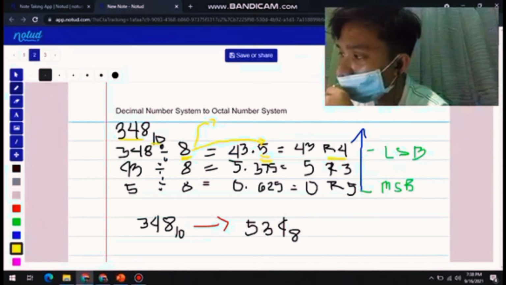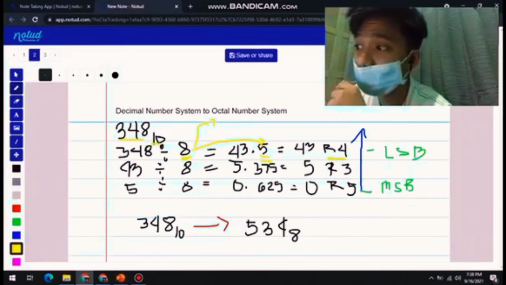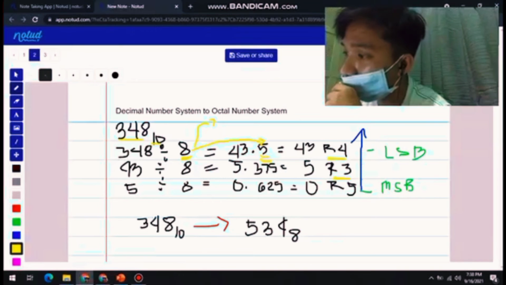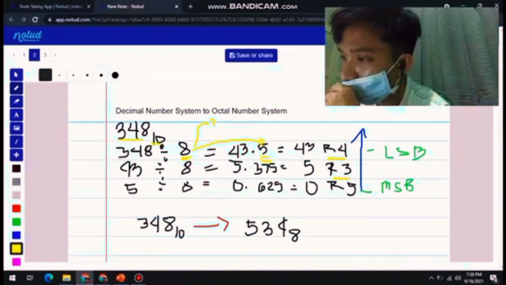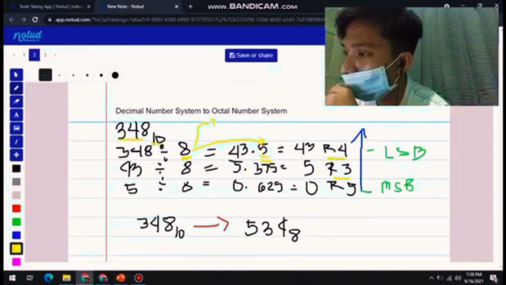So it is 5 with a remainder of 3. Let's continue. 5 divided by 8 is equal to 0.625. So it is 0 with a remainder of 5.